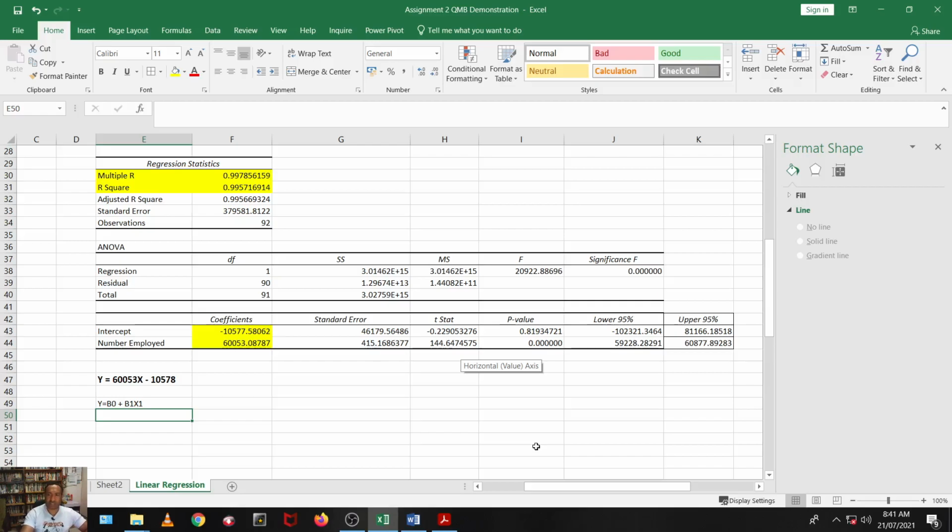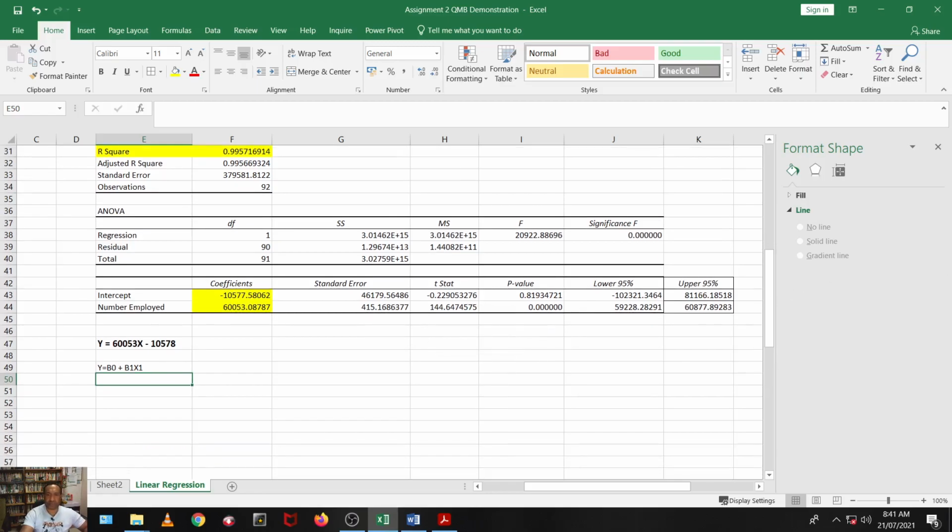And so this is used to predict profits generated in the equation. The coefficient of 60,053 indicates that the average profit generated increases by 60,053 kina for each additional staff employed. Okay, so that's what the intercept and the coefficient of the number of employed mean.